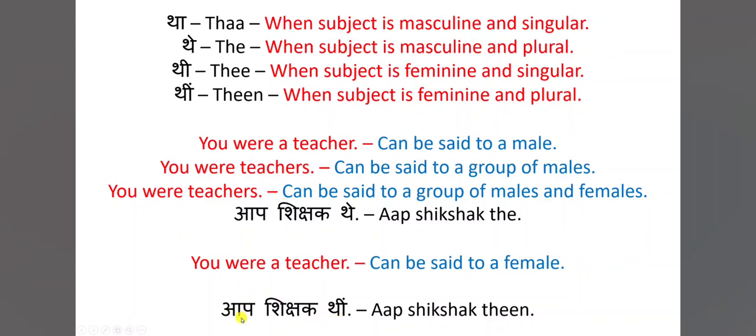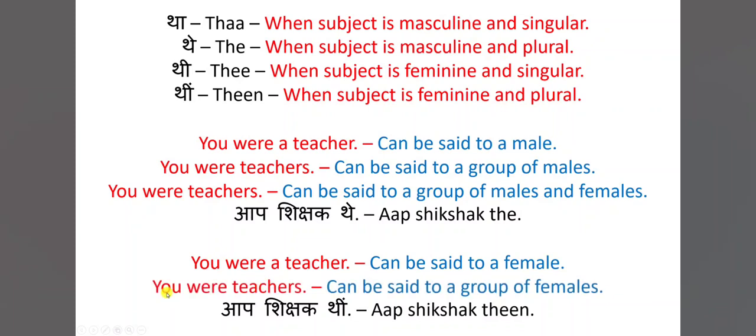Aap is by default plural, and so for feminine plural we have thi, and so we have selected it. This very sentence can also mean you were teachers, and you can say this sentence to a group of females. Aap shikshak thi.